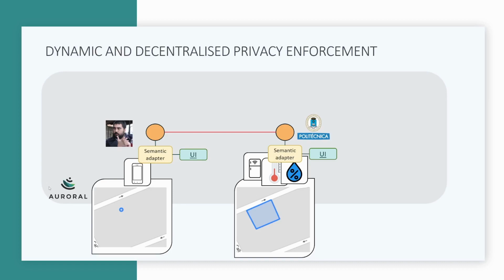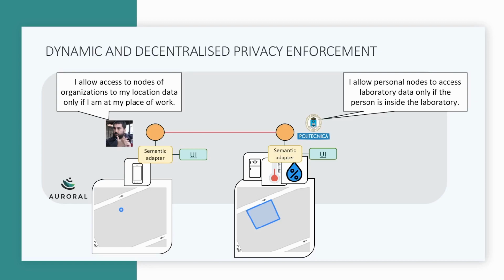An extra layer to increase privacy in AURORAL is through privacy policies using the AURORAL standard. In AURORAL, users can define descriptive privacy policies. In this example, we see two decentralized nodes that each enforce their policies in a decentralized way.